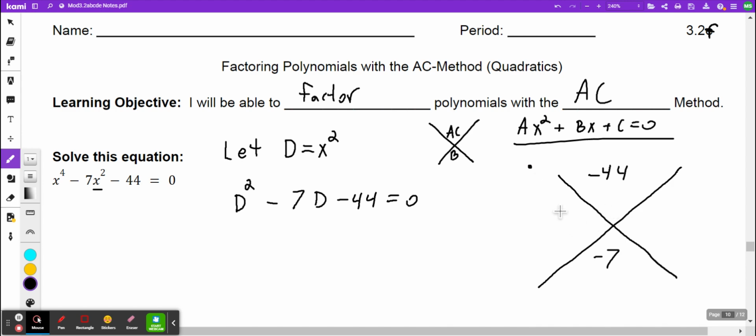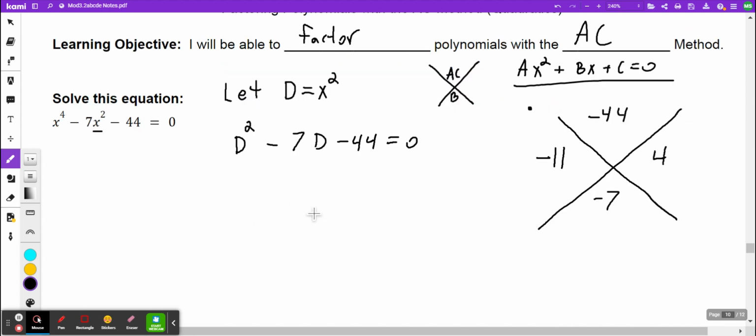I'm going to guess it's going to be 11 and 4, because 11 times 4 is 44. But I have negatives. So if I make one of these negative and I add them together, I still have a negative. The bigger number should be negative. So I should have d minus 11 and d plus 4.